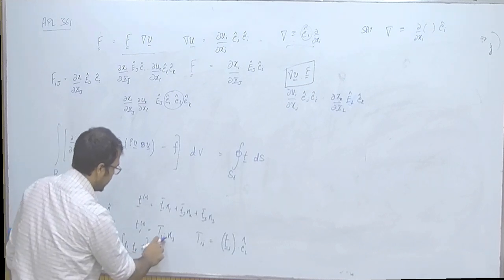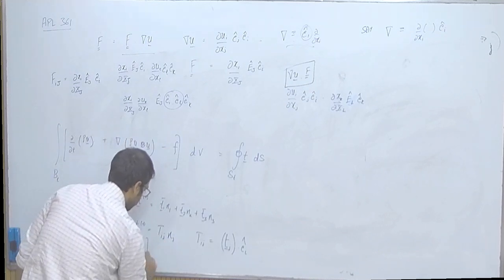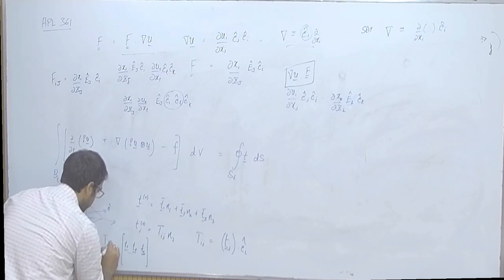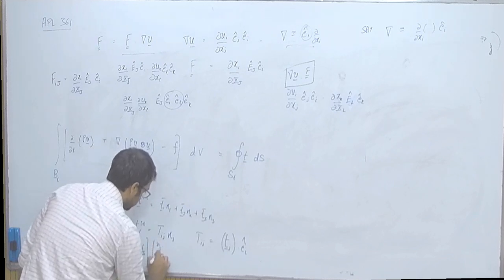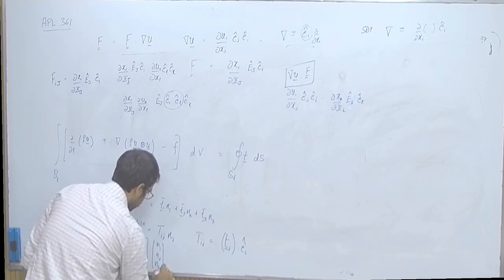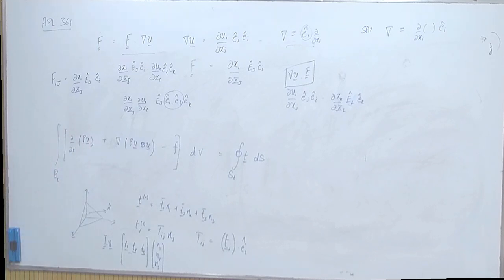So, basically Tn is giving you this T vector.